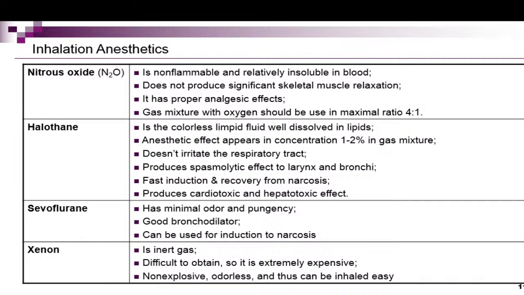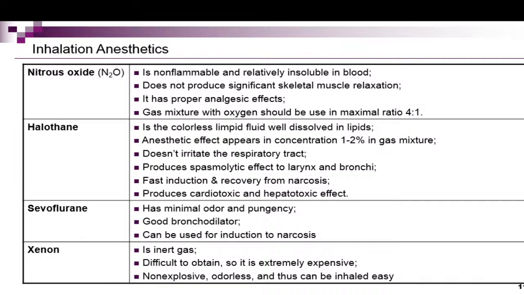Second drug, halothane, is a colorless lipid fluid, viscous fluid, well dissolved in lipids. We can vaporize the halothane in a vaporizer. This is part of the machine for preparing the gaseous inhaled mixture. Anesthetic effect appears at a concentration of halothane of 1 or 2% in the gas mixture, very low concentration.